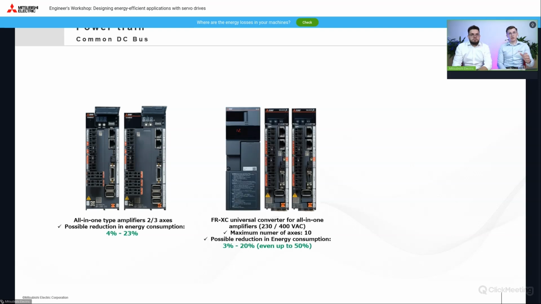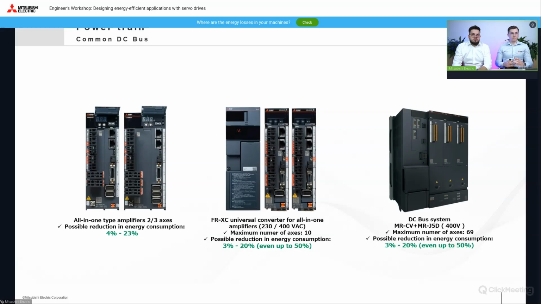The second solution in the middle is a special module, which is both an external power supply and energy bank. Up to 10 drives can be connected to this module for 200 or 400 volt supply voltage. This yields a saving of between 3 and 20%, and sometimes, in good application, even up to 50%.